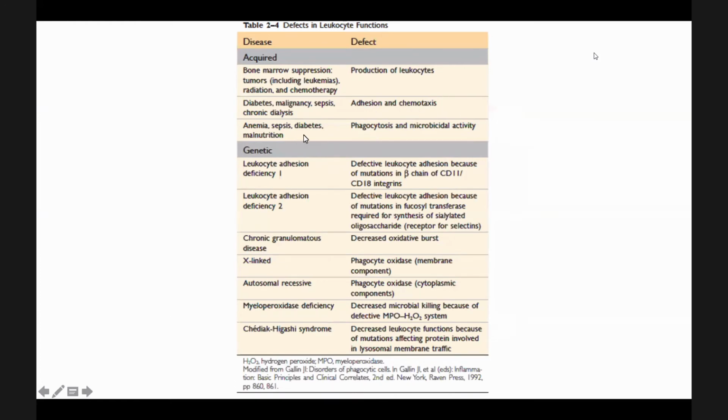In anemia, sepsis, diabetes, and malnutrition, the WBCs which are there are defective in phagocytosis and microbicidal activities. That's why when there is such a predisposing condition, the inflammatory reactions can be lessened. They may be less effective in killing bacteria.